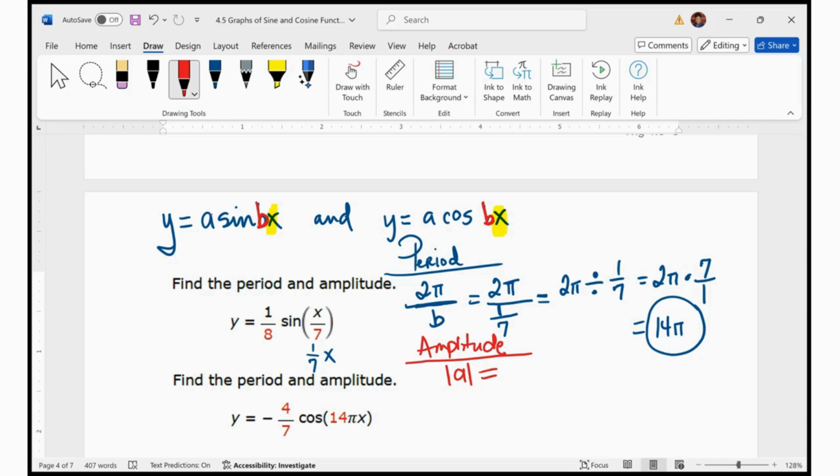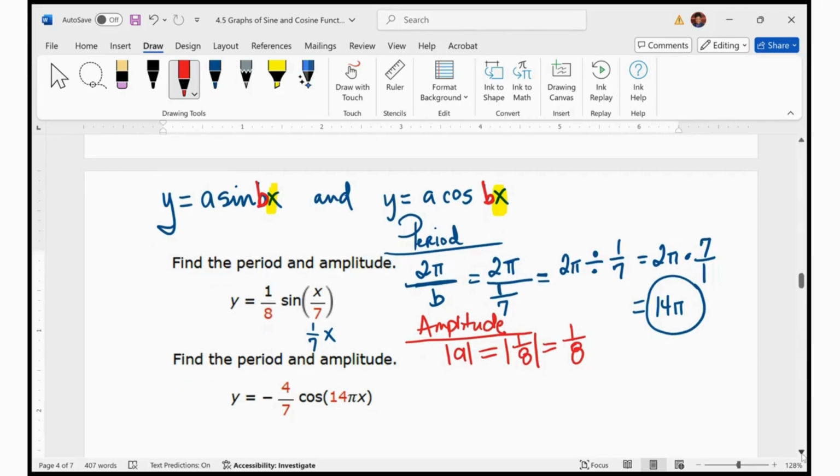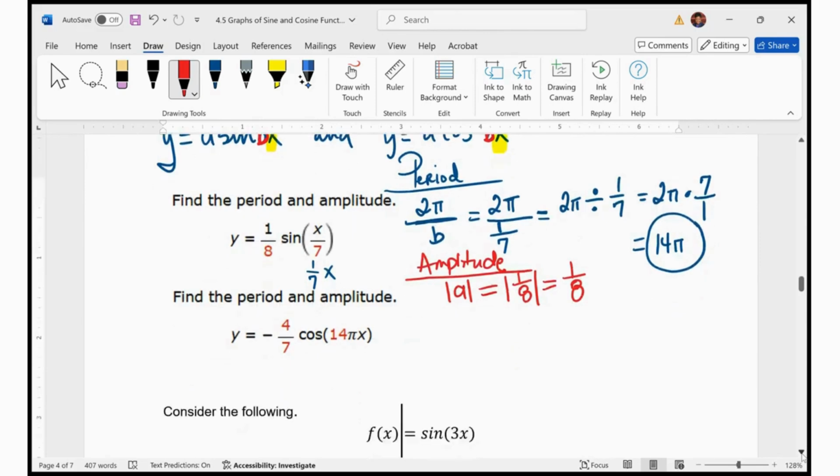A is the number in front of sine or cosine, so the amplitude is 1/8. Don't miss these. These are the easier problems. Don't miss them because you don't understand fractions. Try to get fractions down. The graphing is the one you really have to think about.